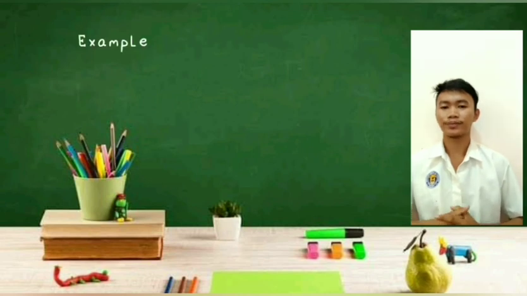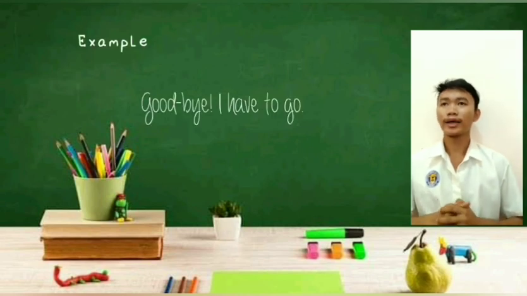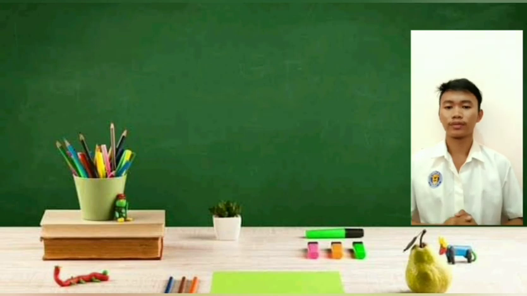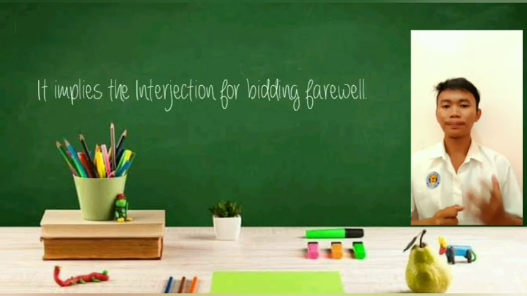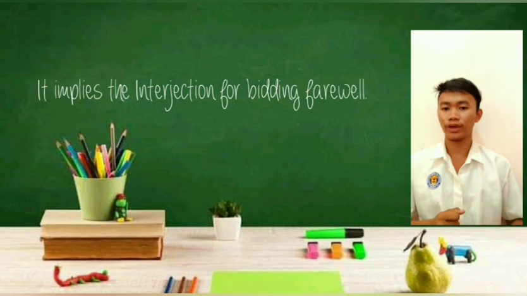Next example. Goodbye, I have to go. What is the interjection in the sentence? The interjection in the sentence is goodbye, and it implies the interjection for bidding farewell.